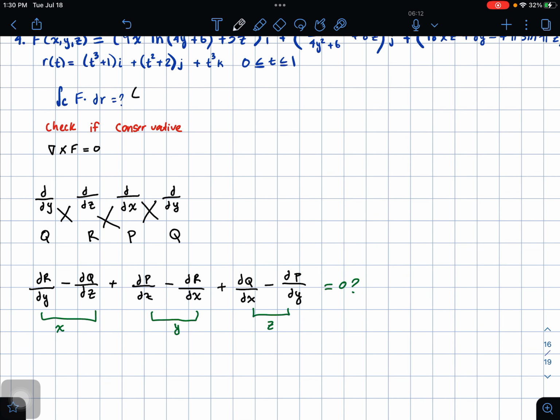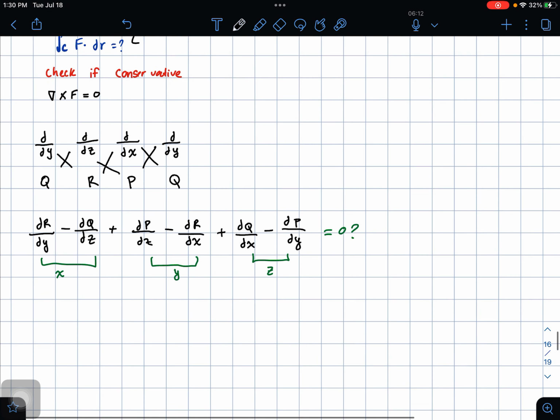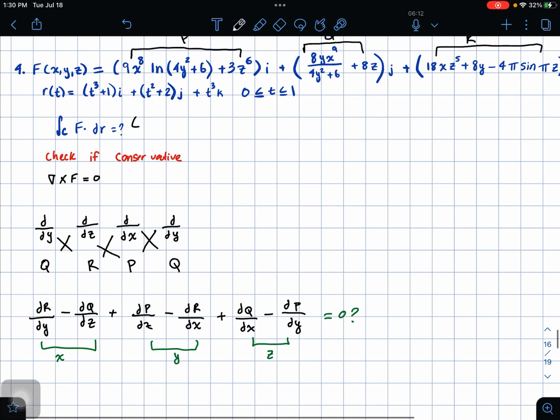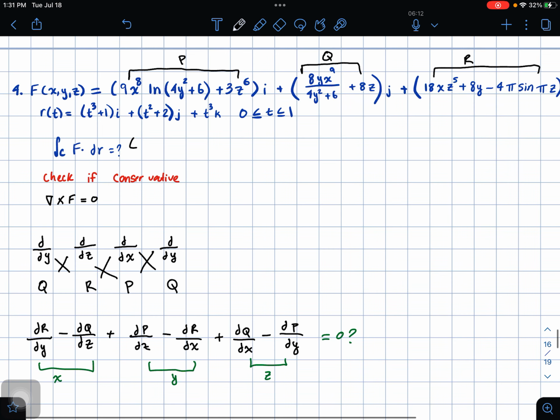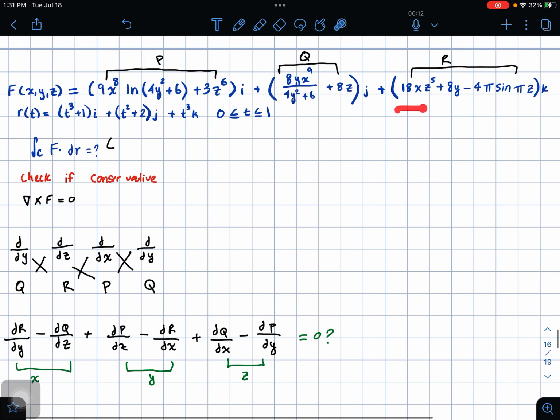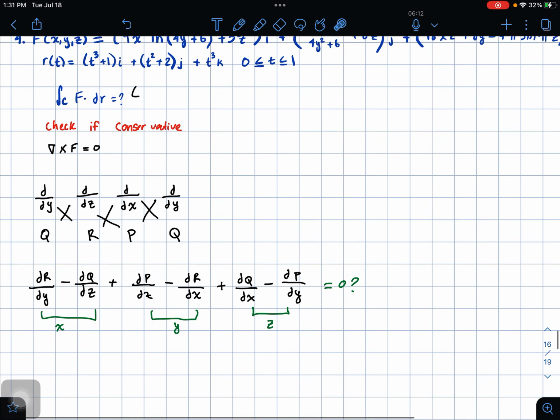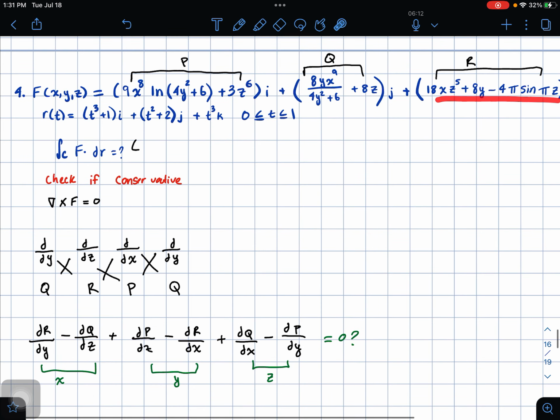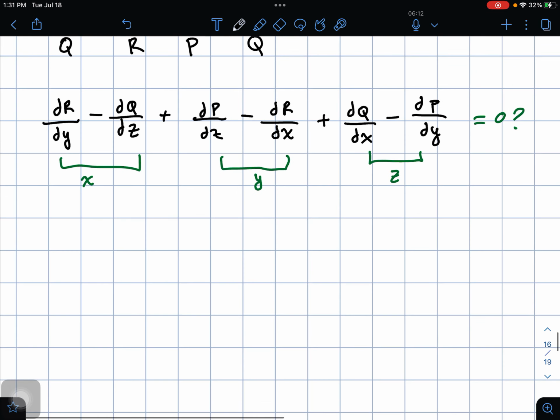Okay, so we have to look at our R. R is this thing right here, and we have to take the partial derivative with respect to y.